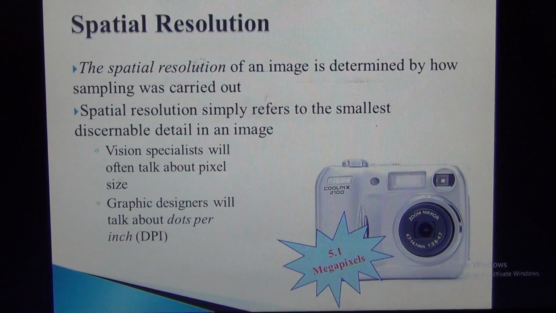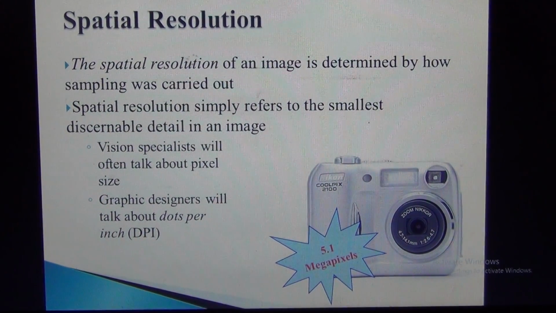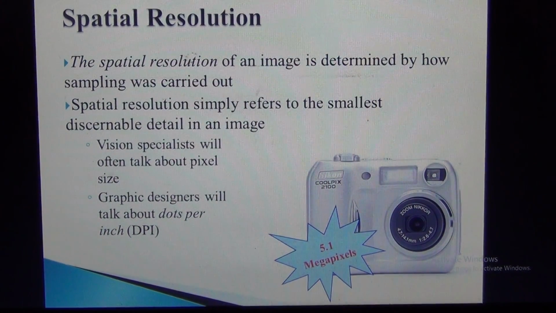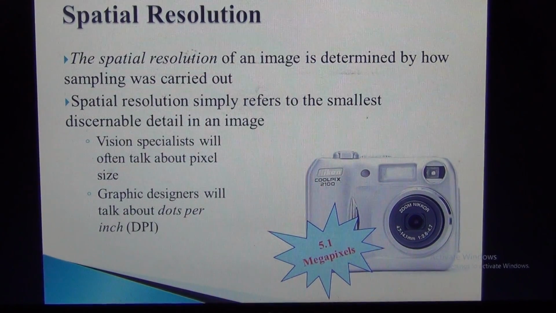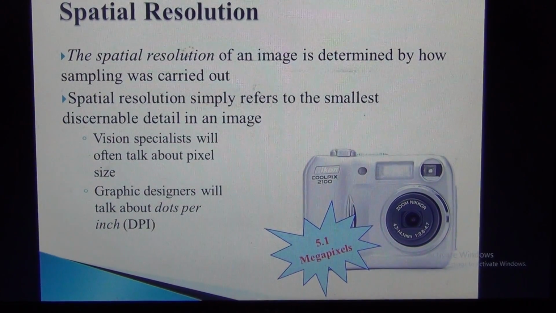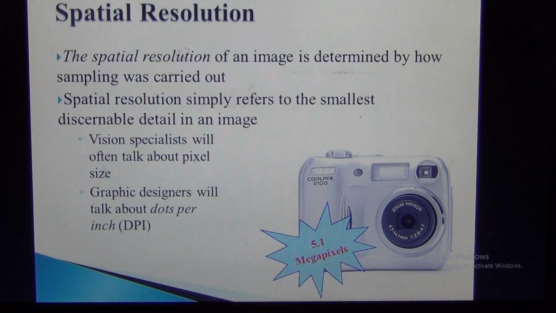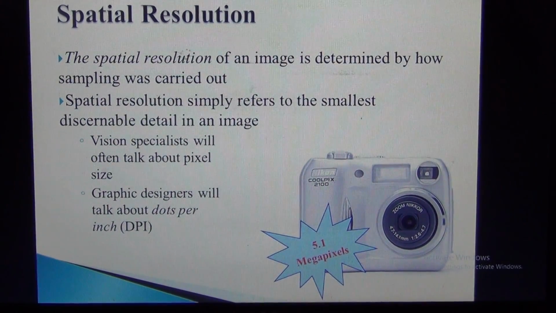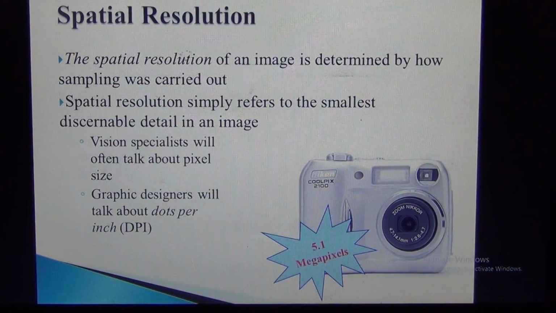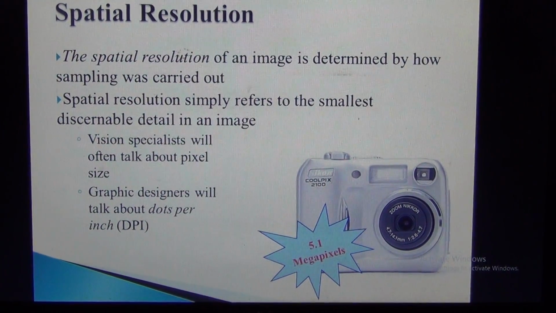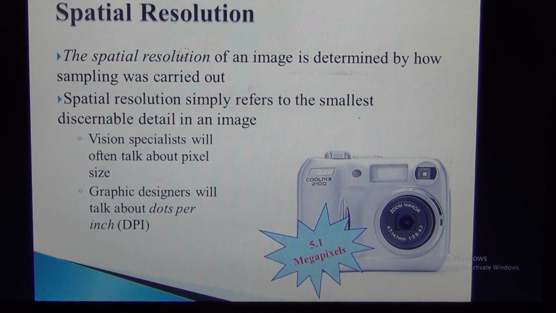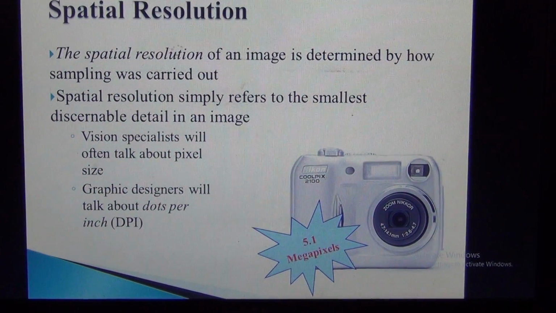On the other hand, intensity resolution refers to the smallest discernible change in the intensity level. Unlike spatial resolution, which is based on per unit distance, intensity resolution is referred to as the number of bits used to quantize the intensity, that is the gray level, how many different shades of gray it contains.